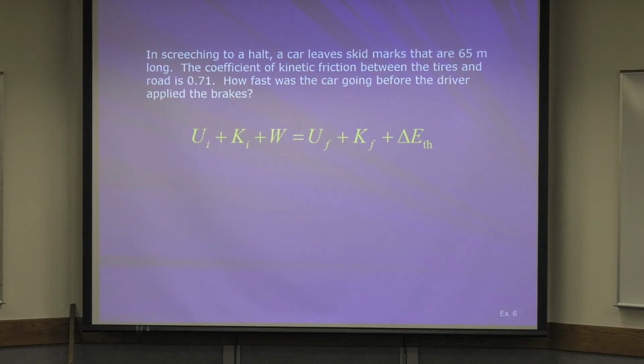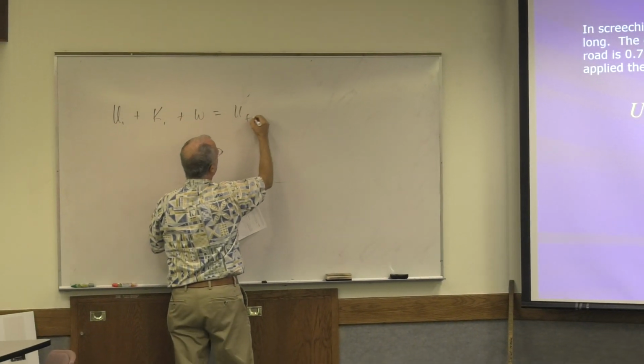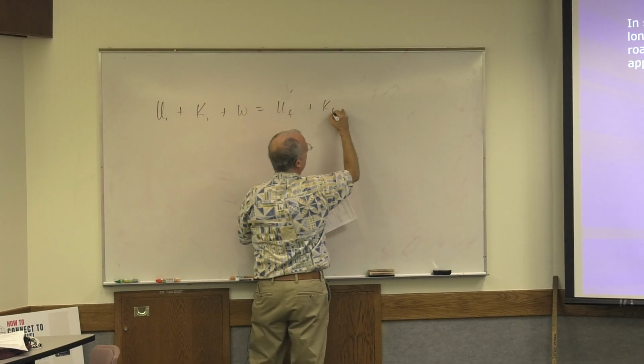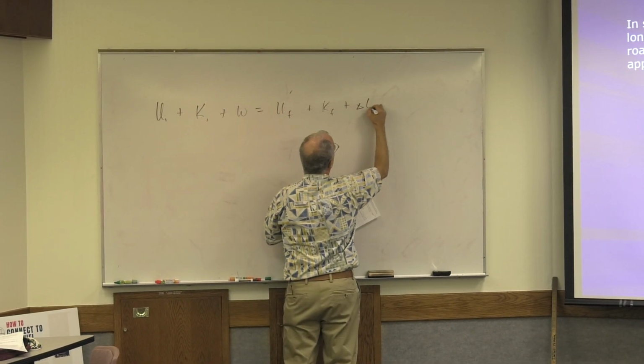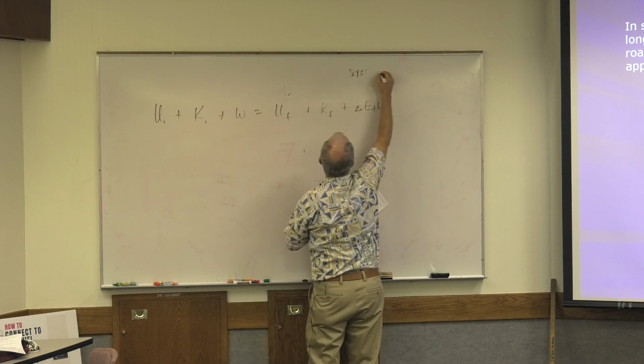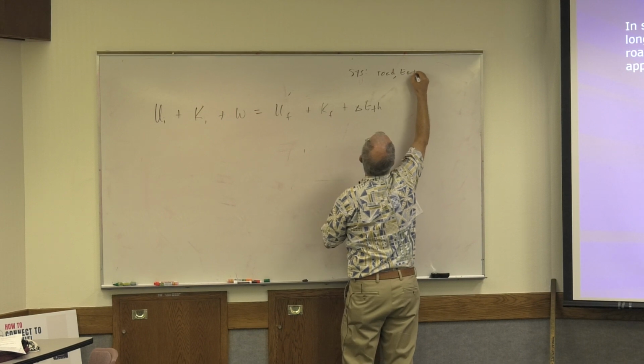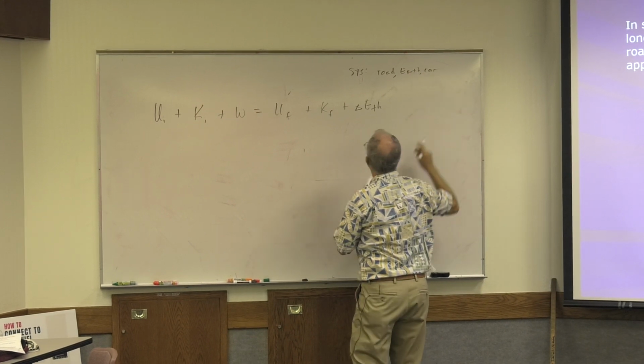Ui plus Ki plus W equals U final plus K final plus delta E therm. The system is the road, earth, car.